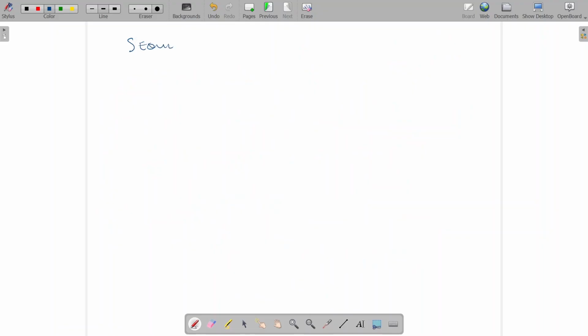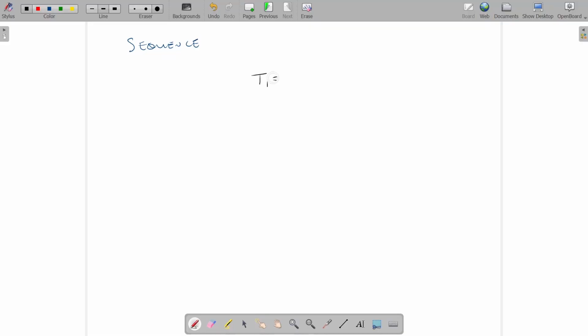So the key point I'd like to make here is we're now able to talk in more advanced terms about a geometric sequence. Because we're now working with this new notation, we know that for a sequence it's always true that T1 equals a.